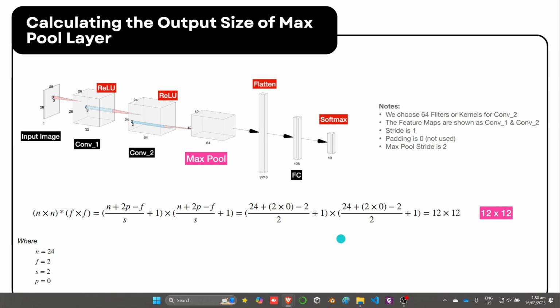So we have 24 minus 2, which is 22, divided by 2 is 11, plus 1 is 12. And that's how we get 12 by 12.